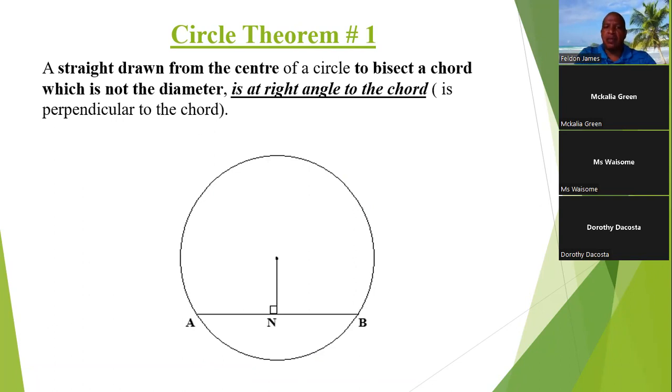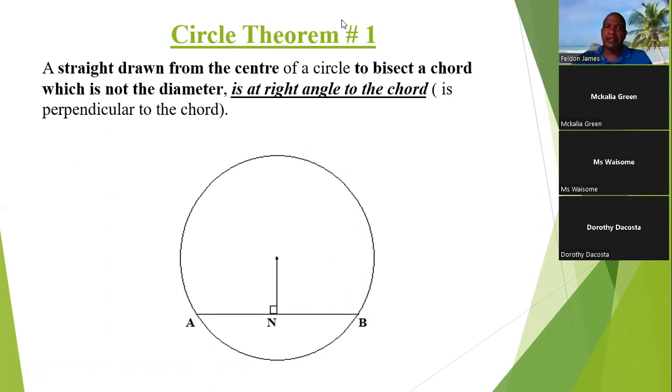All right, so what theorem 1 says: a straight line drawn from the center of a circle to bisect a chord, which is not the diameter, is at right angle to the chord. What it is saying is that the radius and the chord would be perpendicular to each other.